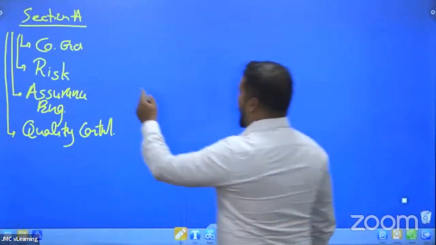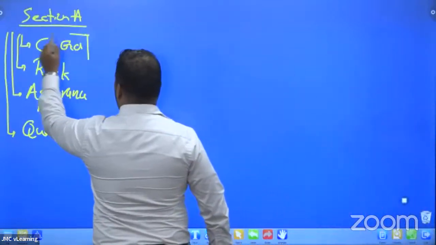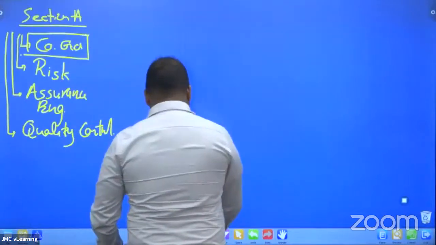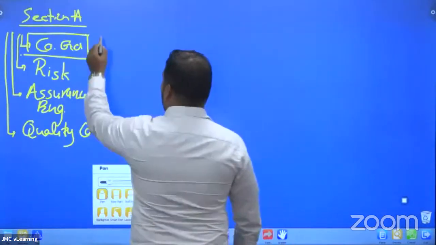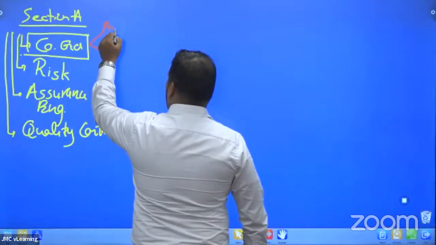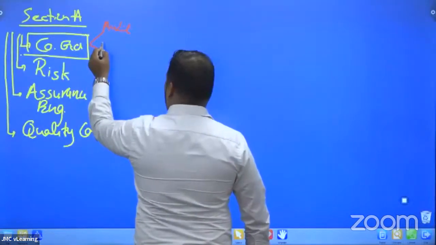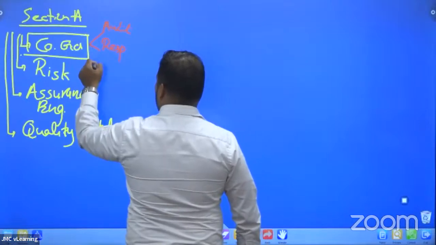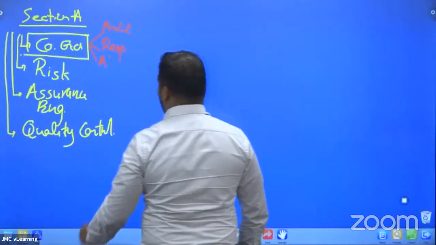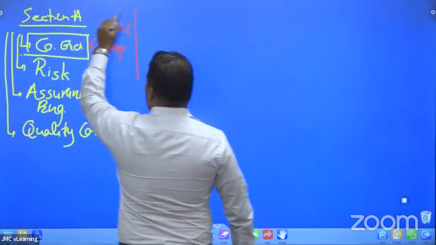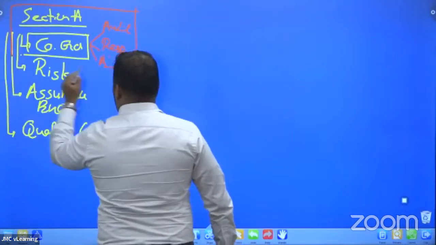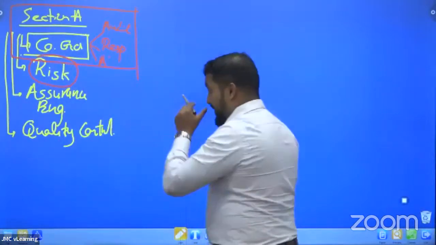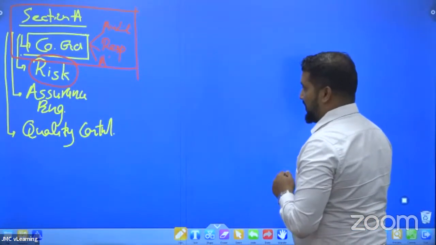From the corporate governance perspective, it's a vast area, including the audit committee, then the corporate governance responsibilities, then the advantages. All these things we have discussed in the theory class. From risk, specifically the risk management framework.